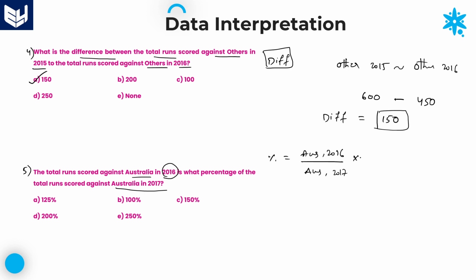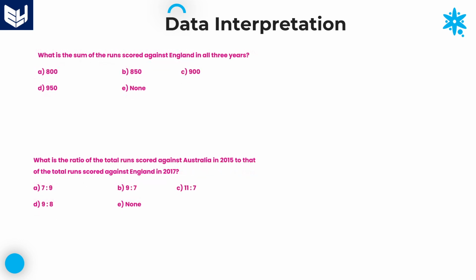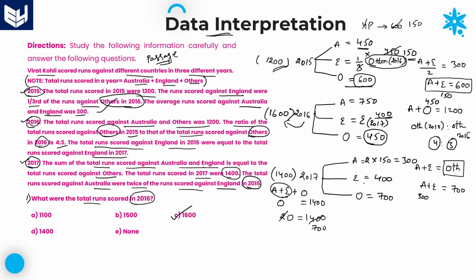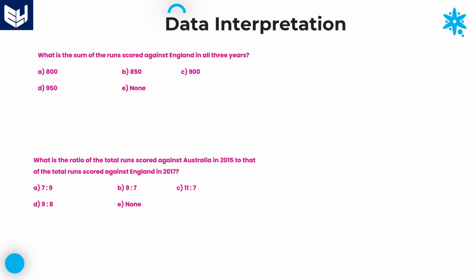Whenever you are calculating percentage, multiply by 100 and put the percentage symbol, that is a common point. Now you have to calculate this required percentage. Here you need to note down Australia 2016 and Australia 2017. Australia 2016 is 750, Australia 2017 is 300.